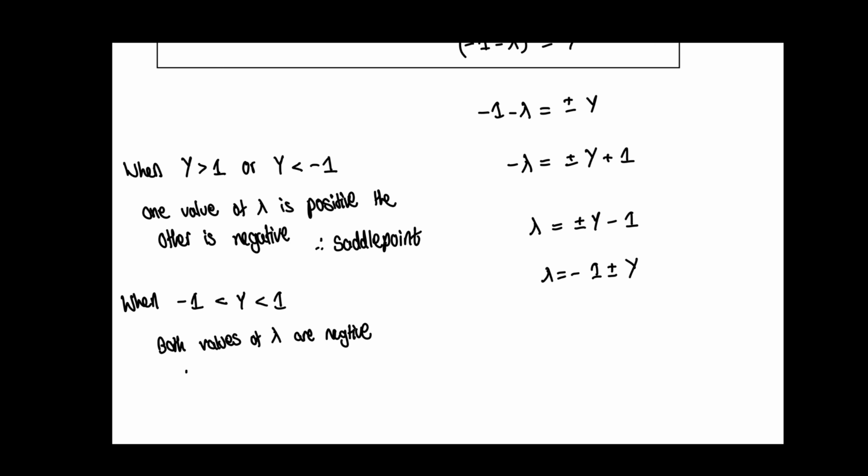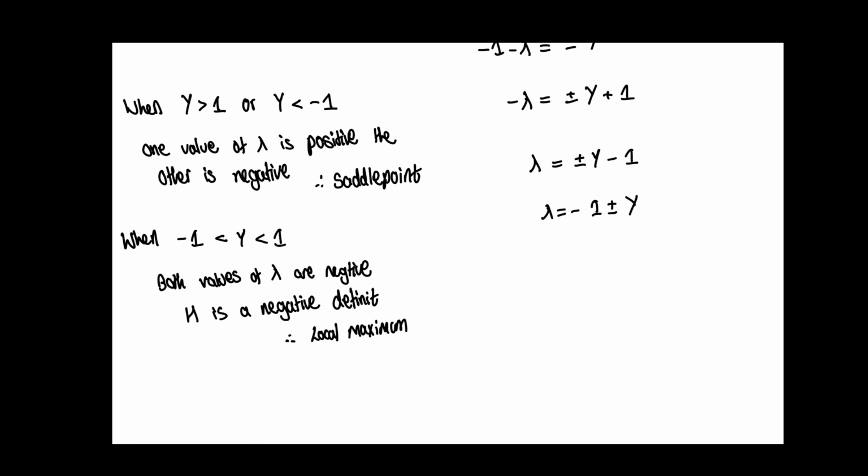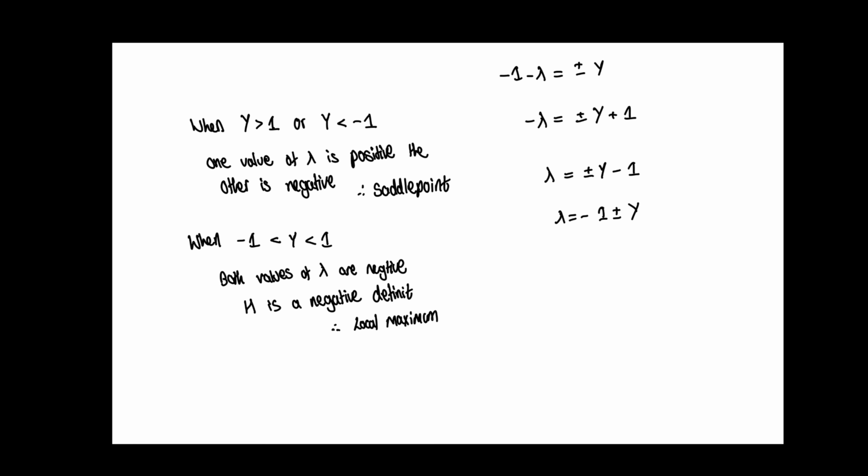This means that the Hessian is negative definite, and therefore the optimum is a local maximum. So, to determine whether there is a restriction on the allowed values of y if we demand the local optimum to be a local maximum, this would be those conditions. Cool. Hopefully that made sense.